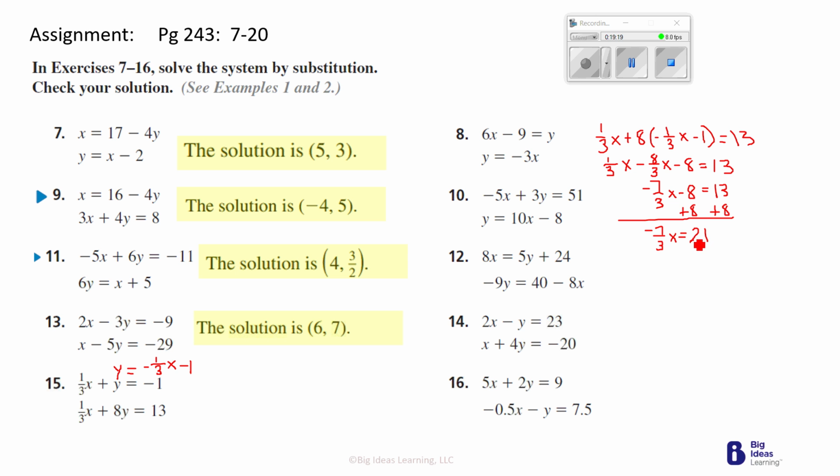All right, now we've got to go ahead and get negative 7/3 away from x. So I'm going to multiply it by negative 3/7, its inverse. Which means I have to multiply this side by negative 3/7.